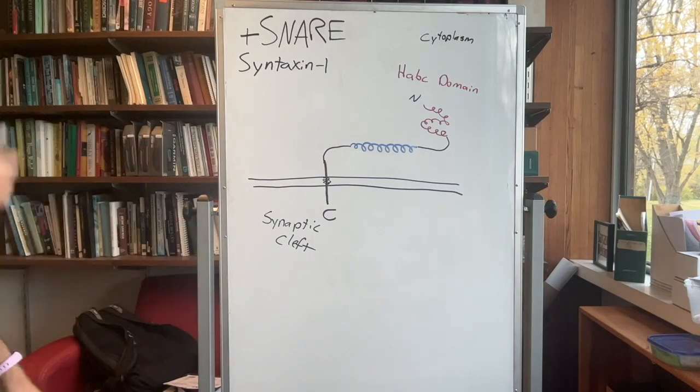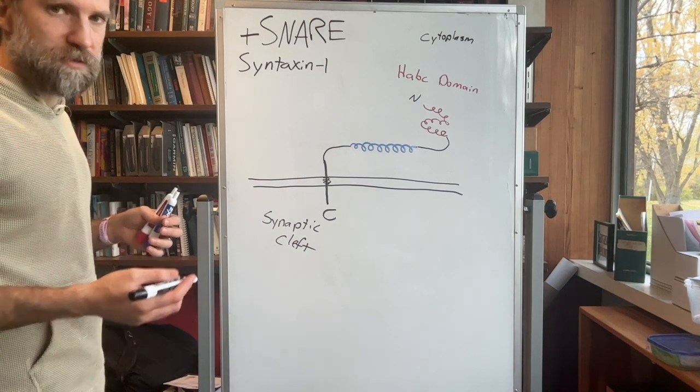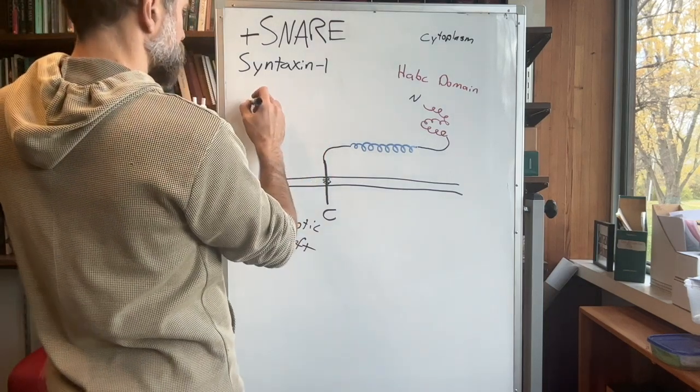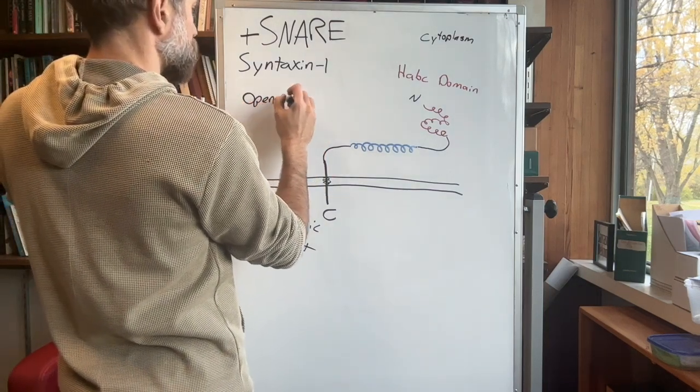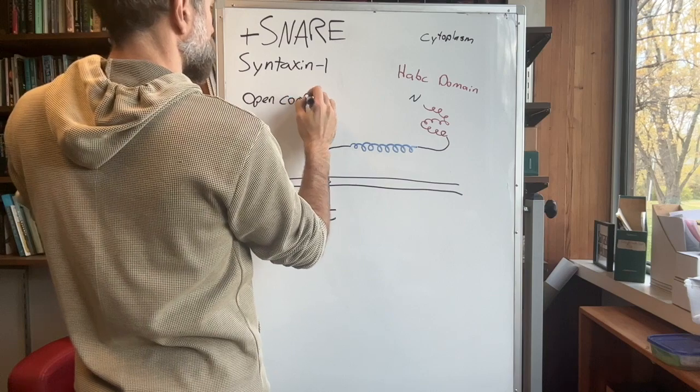So it goes from N to C as it goes down. Now, what I've drawn here is what we would call the open conformation of syntaxin 1.